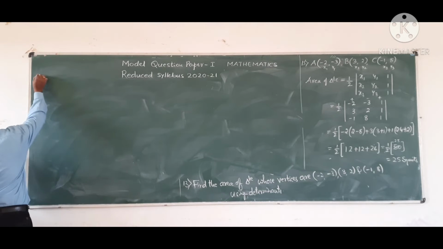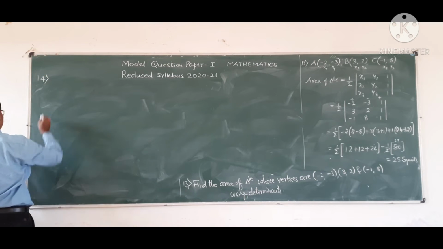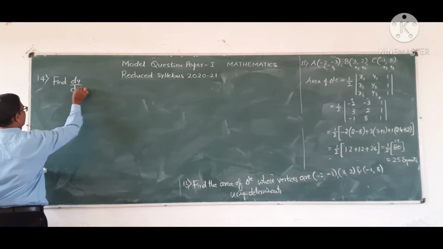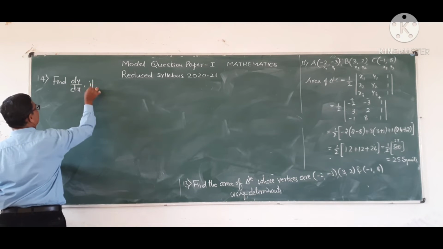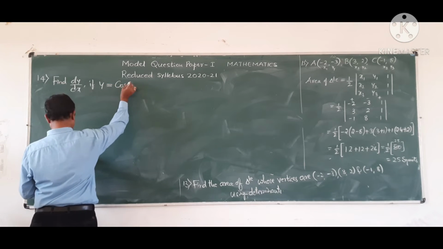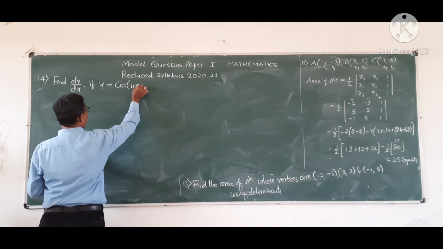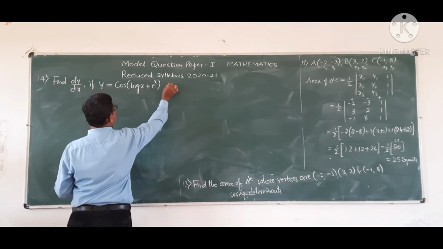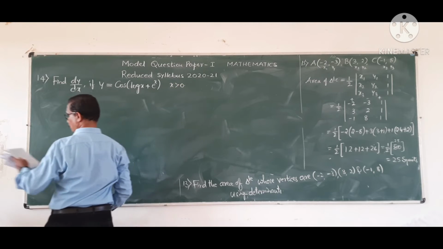Problem number 14. Find dy by dx if y is equal to cos of log x plus e power x, with the condition that x should be positive.